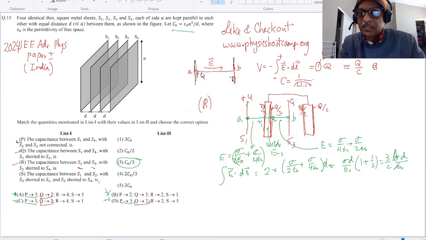And sigma is Q over A, and this thing is C0, 1 over C0.